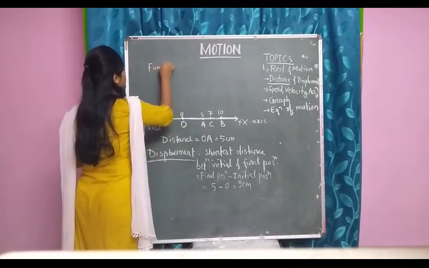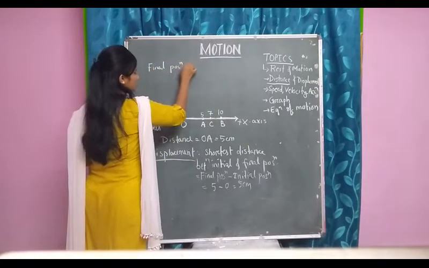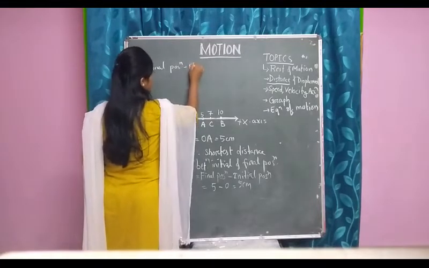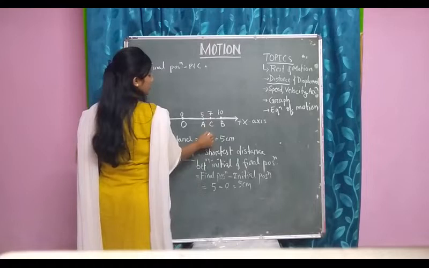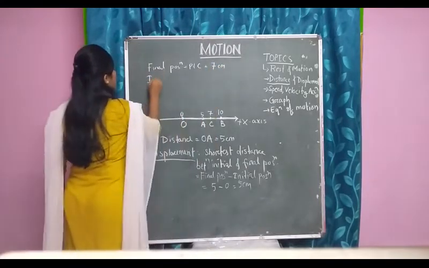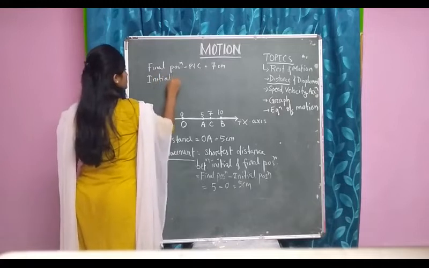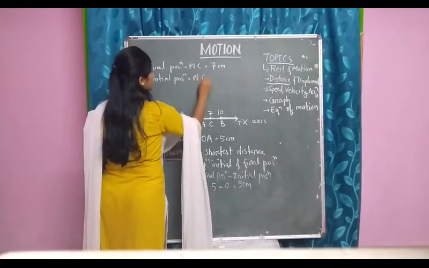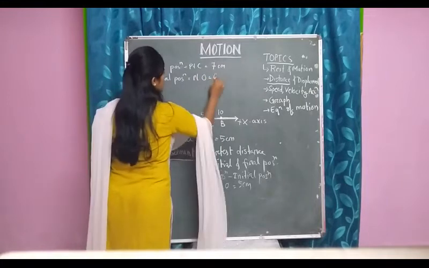Our final position becomes point C, which has coordinate 7 centimeter. The initial one is, as we have taken it, point O, and its coordinate is 0.